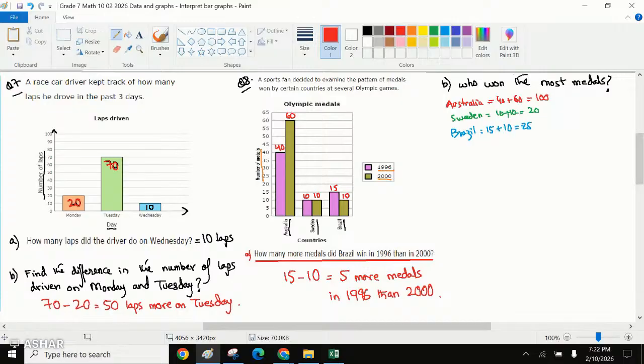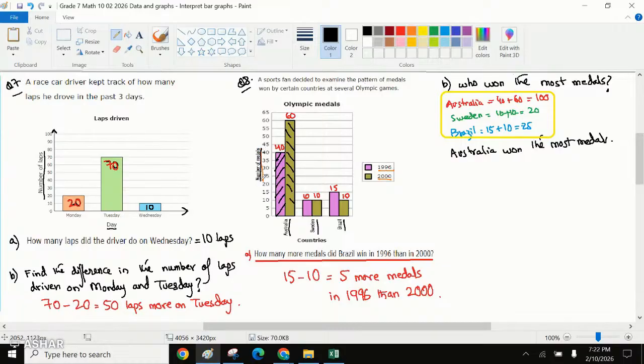So who won the most medals? Australia won the most medals, right? Rather than doing this entire set of working, what we can do is whichever has the highest bar will have the maximum value, right?